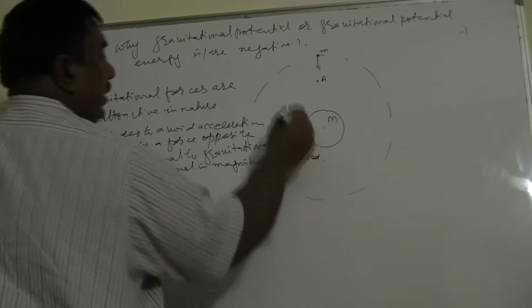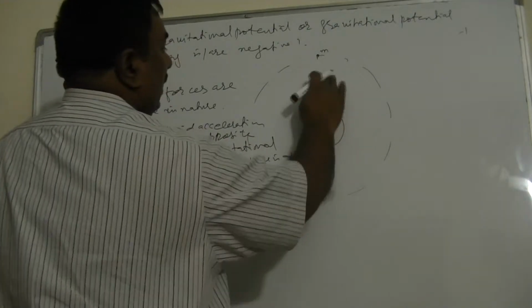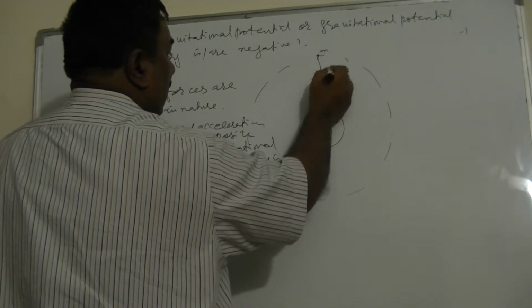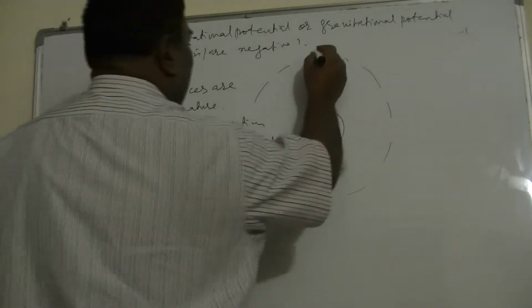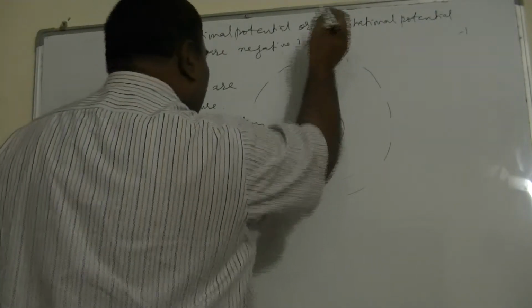Clearly, suppose this is the mass M, this is the gravitational force. Now, due to that, the body will be accelerating. So I have to apply an equal and opposite force upward.